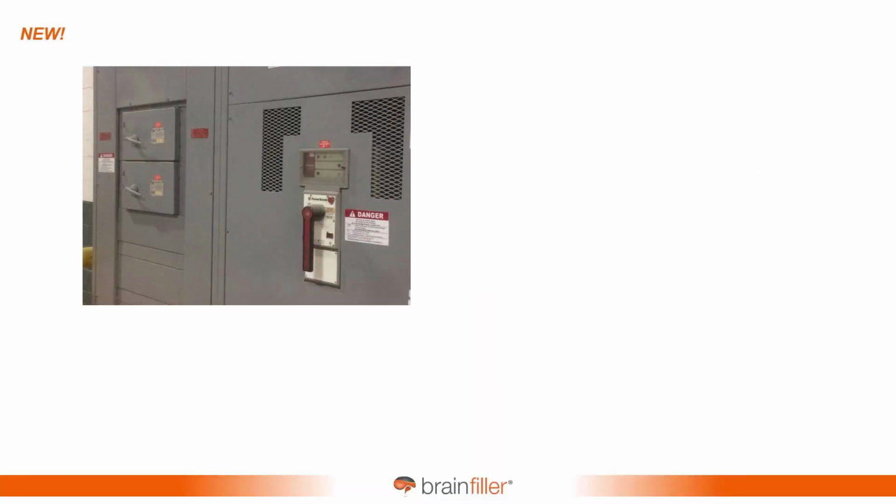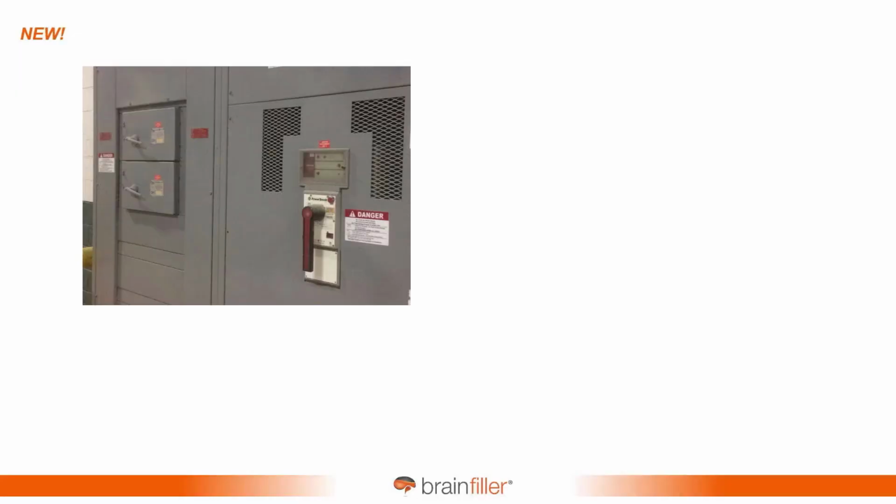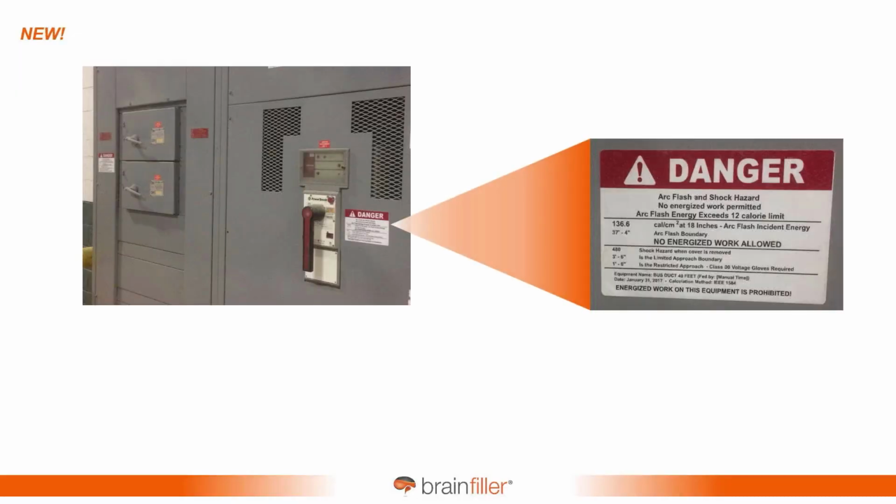We have yet another addition, and this is to answer the question of, I call it the proverbial catch-22. I'll explain this in a moment. But how many of you have locations, usually at the service entrance, where the incident energy at the service entrance is staggering? Like in this case, over 130 calories per square centimeter. There's always this question, what do you do?